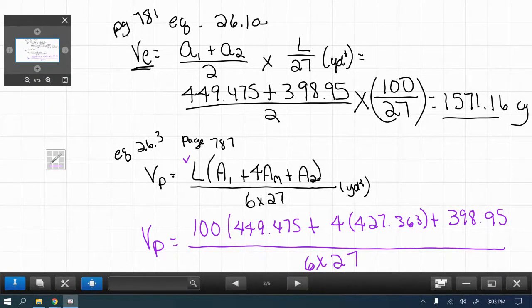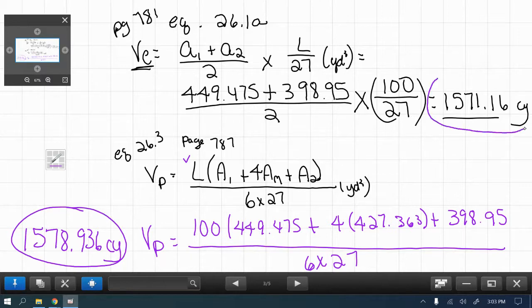That'll put our answer in cubic yards. When I solve for that, I got 1578.936 cubic yards.